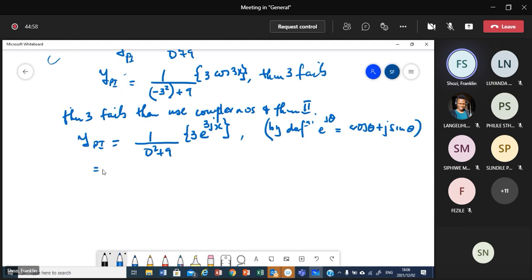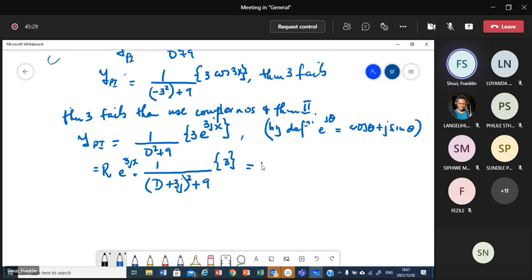So we say we are taking the real part of it. And then we apply theorem 2 at the same time. That is e to the power 3jx. If you apply theorem 2, 1 all over d, which is now going to be d plus 3j all squared by theorem 2, plus 9, acting on what we are left with here, which is a 3. I hope we are clear there.